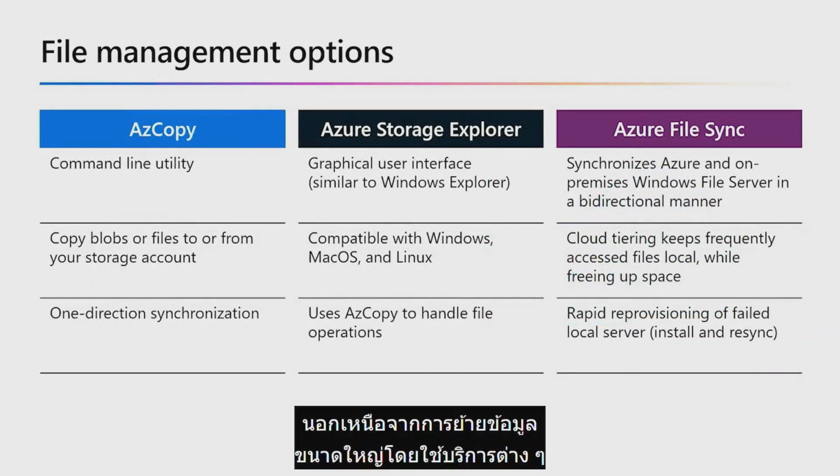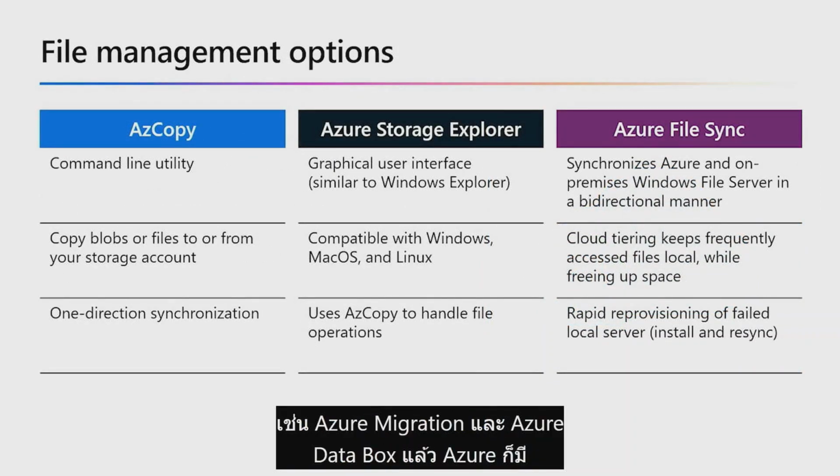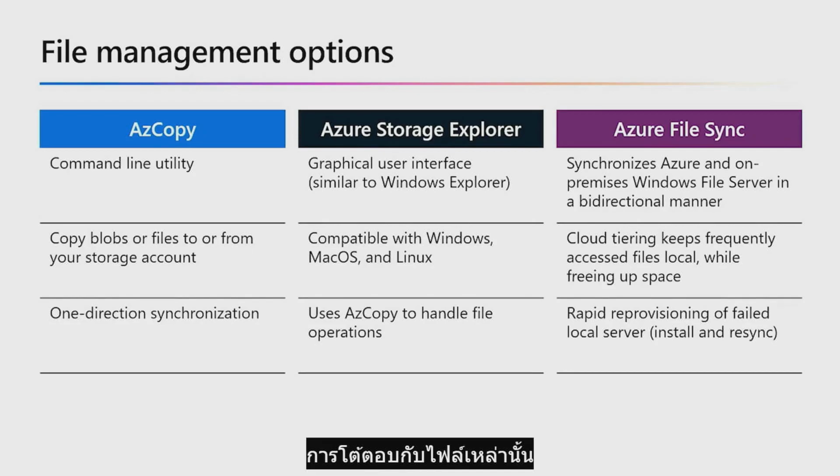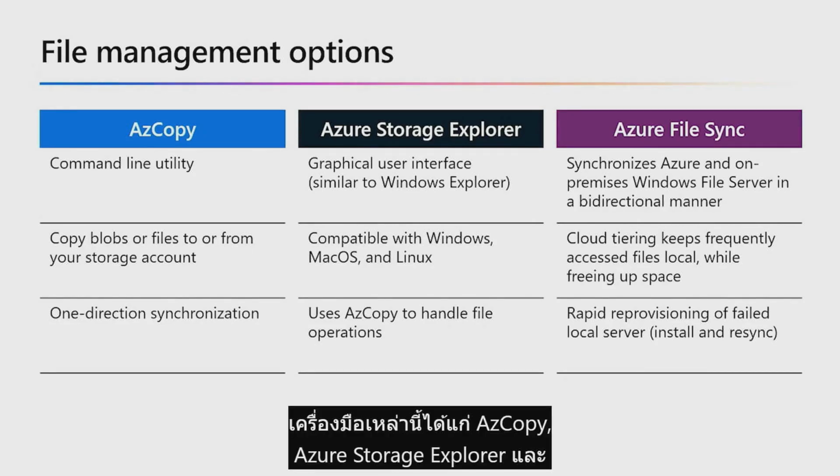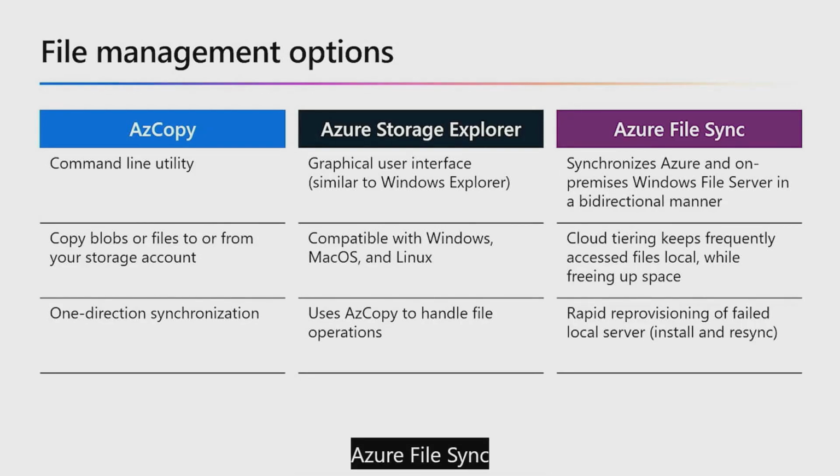In addition to large-scale migration using services like Azure Migration and Azure Data Box, Azure also provides tools for moving individual files or small file groups and interacting with them. These tools include AzCopy, Azure Storage Explorer, and Azure File Sync.